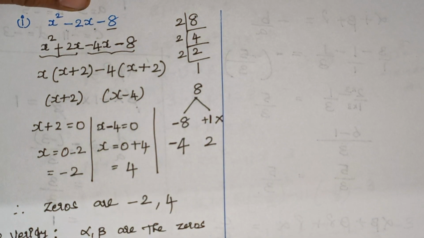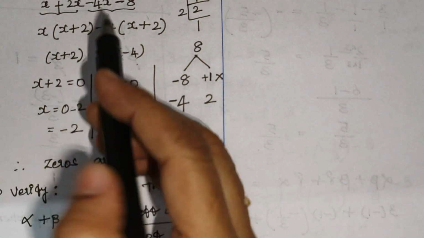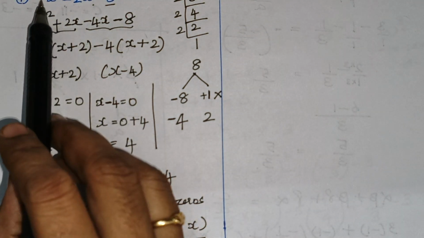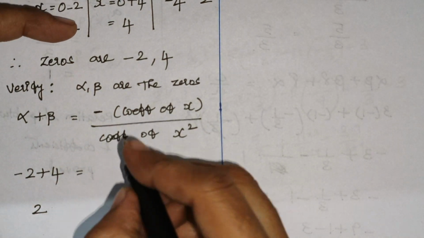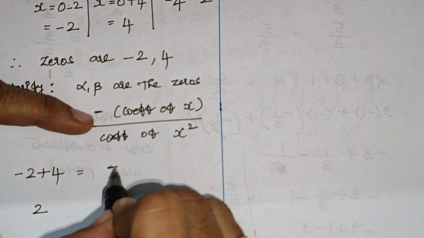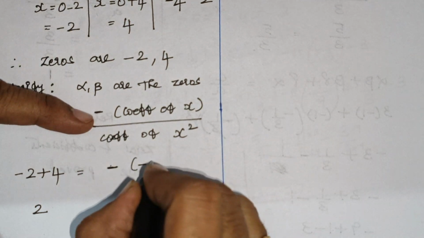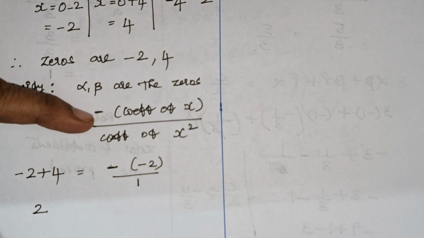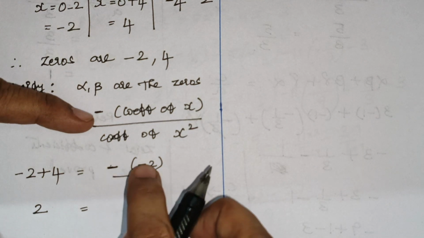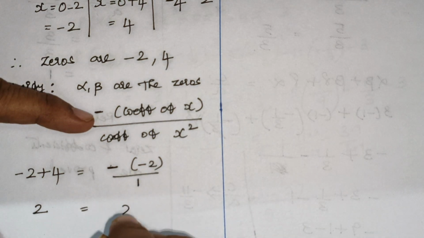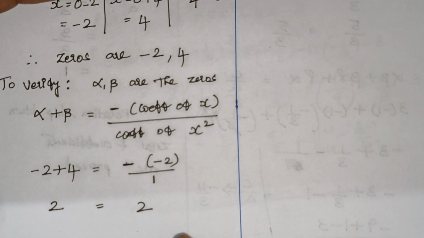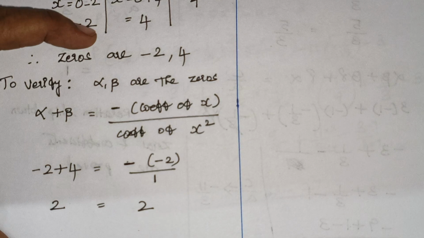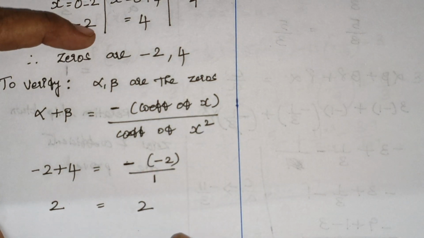So just substitute the value of minus 2 here. And what is the coefficient of x square? It is 1. Minus of this minus I am writing as such: coefficient of x is minus 2 divided by 1. Right. So minus into minus becomes plus. So plus 2 by 1 is 2. So here you see both these terms are equal and this relationship is satisfied.